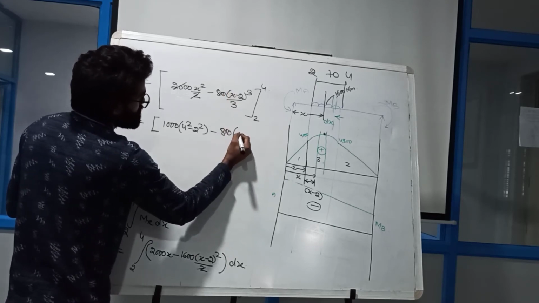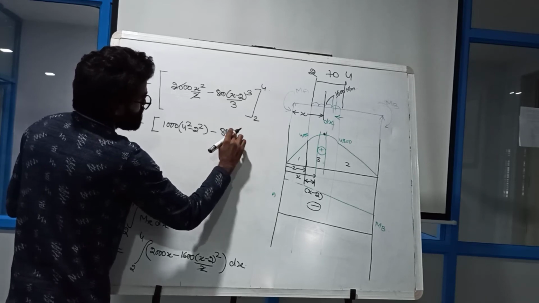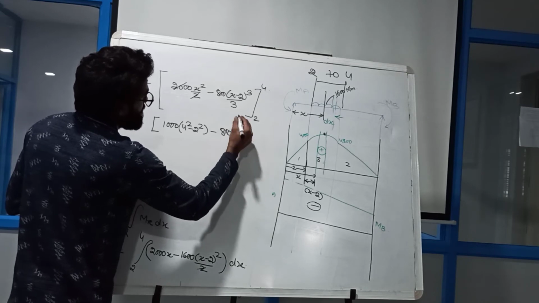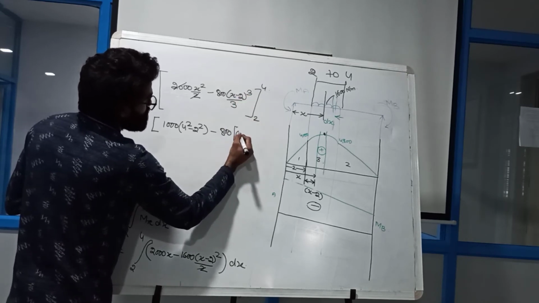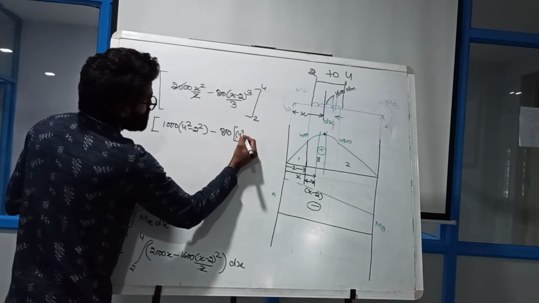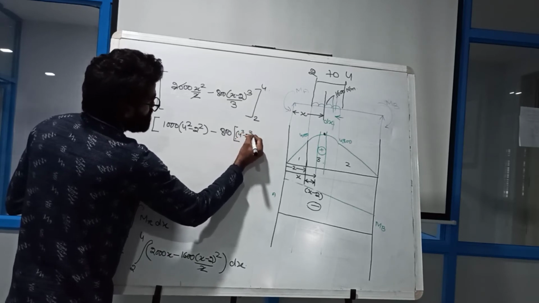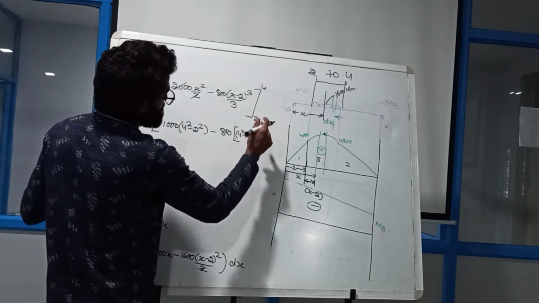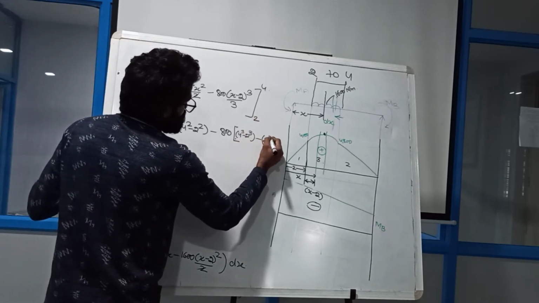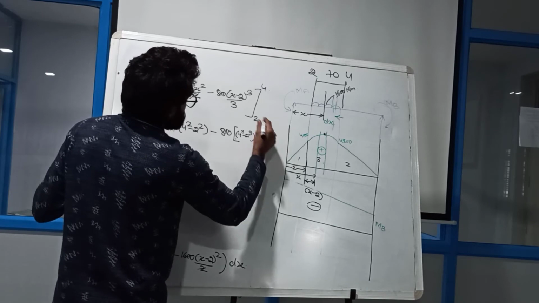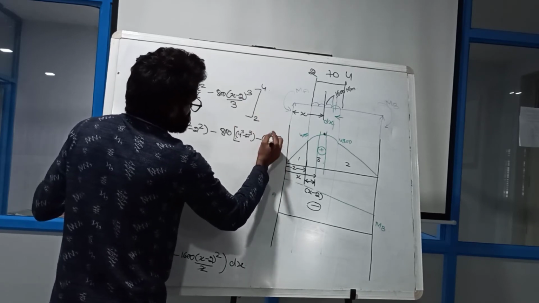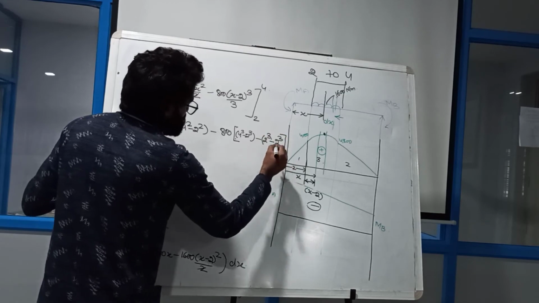So what I am going to get from here is x is 4, upper limit, 4 cubed minus 2 cubed, and minus of the lower limit. So the lower limit is 2 squared minus 2 cubed. Sorry, this is cube.